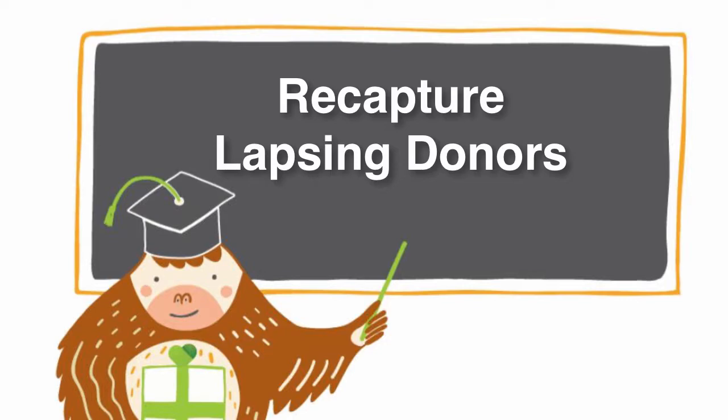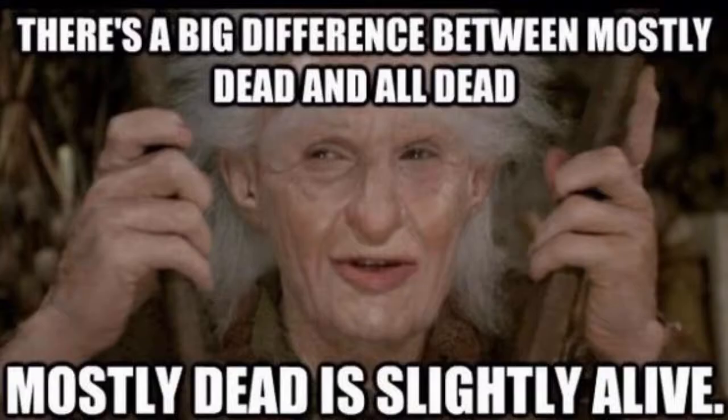And for today's class, we've got some good news from Miracle Max from the Princess Bride, who's going to be helping me teach today's class, who reminds us that even when a donor lapses, there's a big difference between kinda dead and mostly dead, and also between mostly dead and all dead.